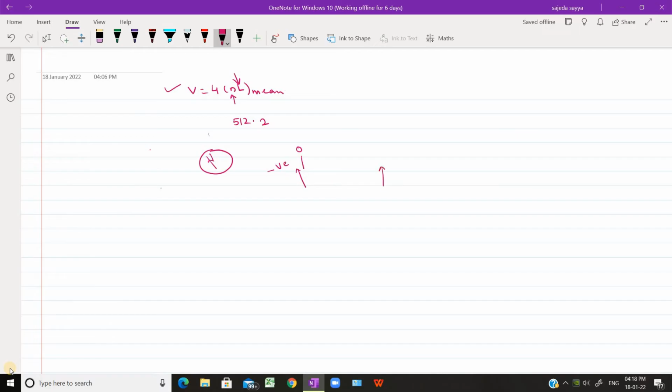Or sometimes, if the pointer shows some two or three divisions ahead of it, then there is a positive zero error.